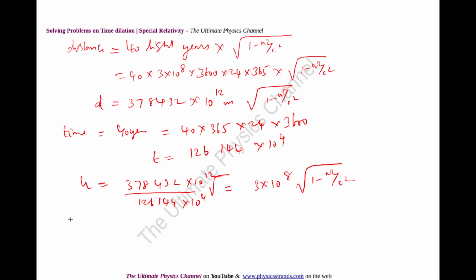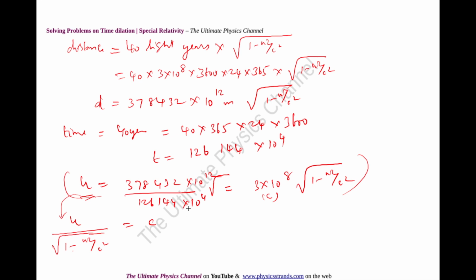Now our expression is u over the square root of 1 minus u squared over c squared, from the previous step, is equal to c, because here we have u on the left-hand side and on the right-hand side this is c times this. So basically we are rearranging the equation this way.